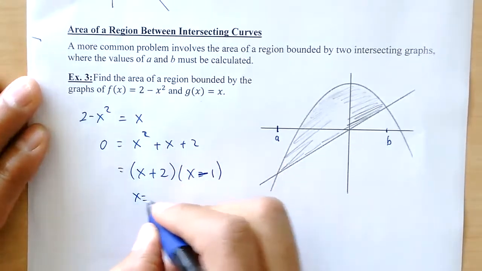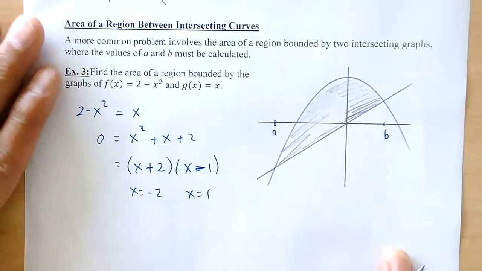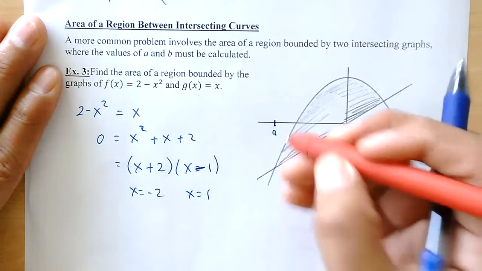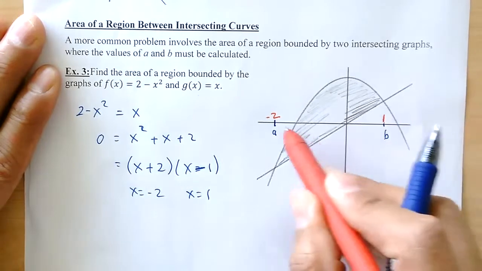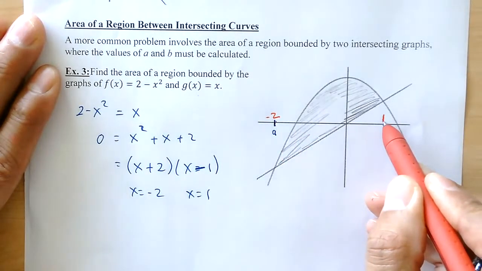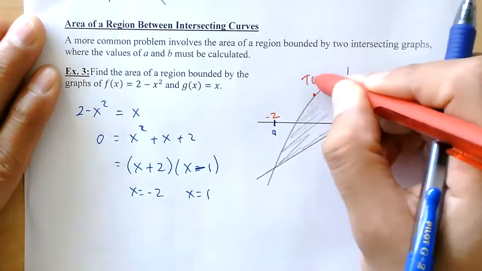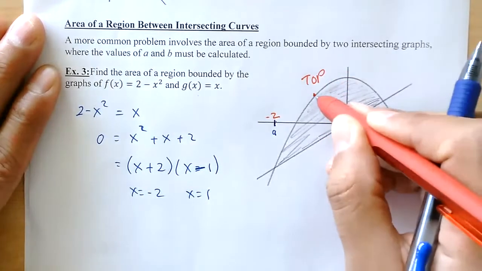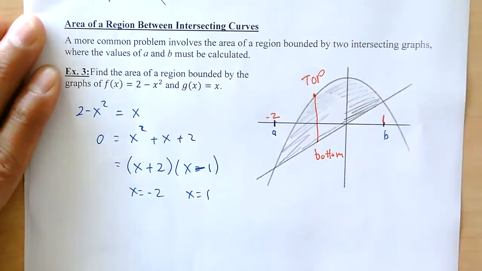And when I factor it, I could figure out that these two functions are equal at negative 2 and at 1. So the limits are going to be from negative 2 to 1. And I could tell that the function that's on top is the parabola. The function that's in the bottom is the line.